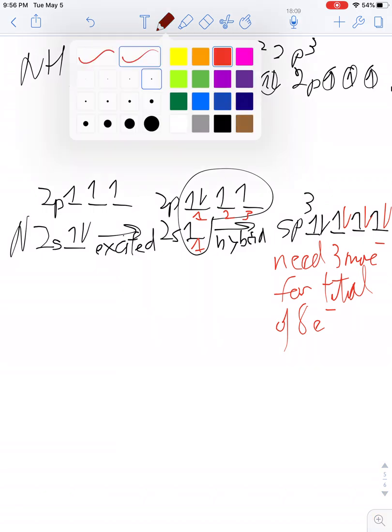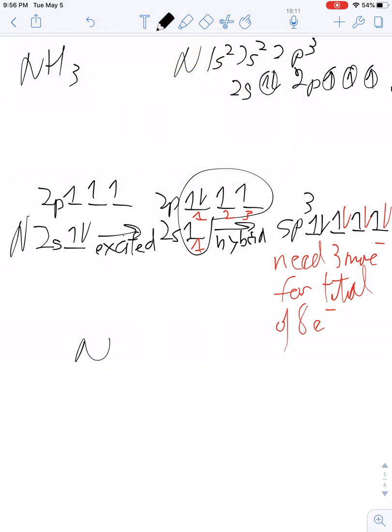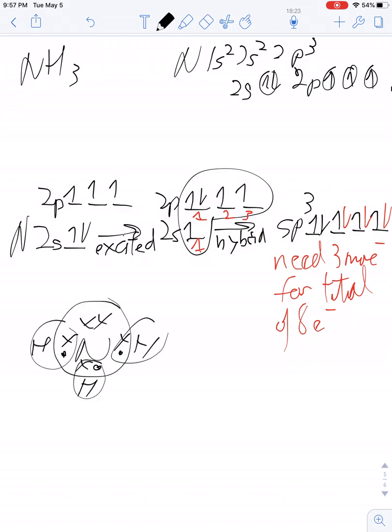And so my nitrogen will bond like this. All right? And I will get this. And I still have my lone pair of electrons on the top.